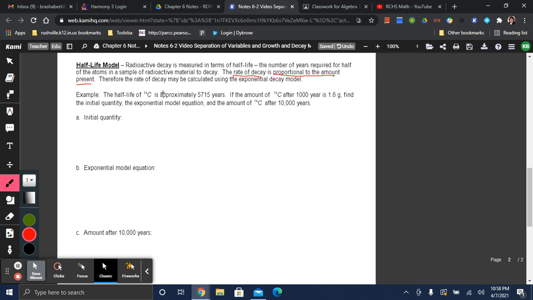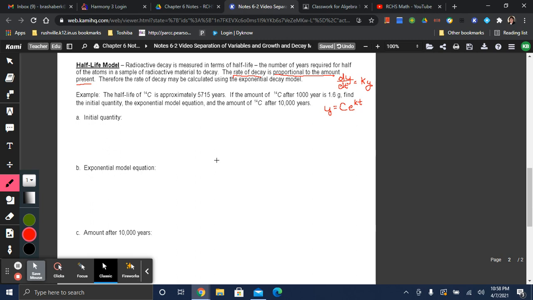So that is a statement that would basically say dy/dt equals k times y, whatever that y is. So we can instead use y equals c e to the kt power.